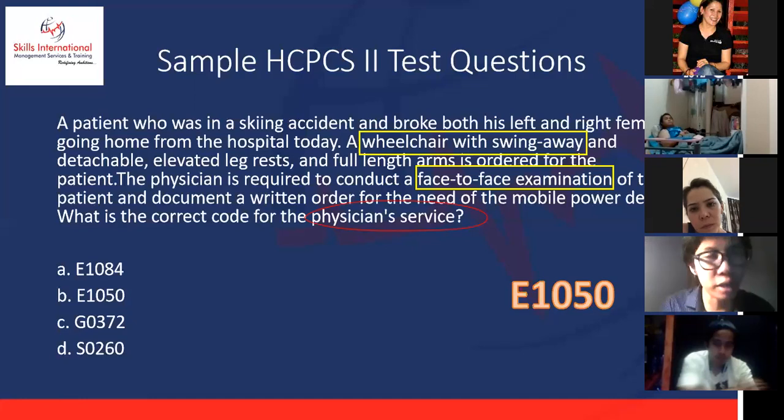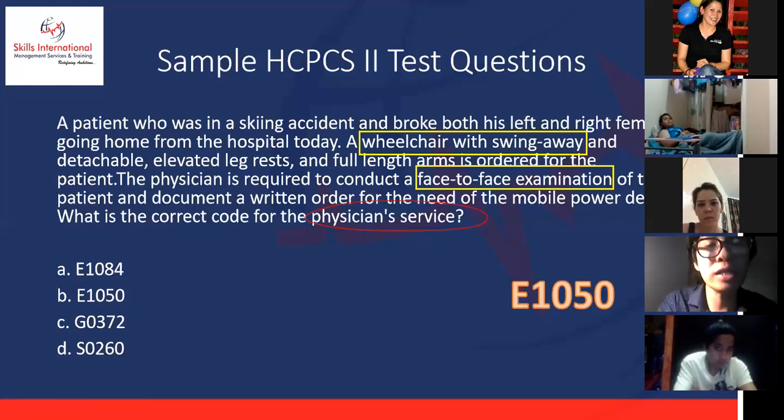That is the process of the doctor, and that would fall under CPT-4. But since this is an HCPCS code, as I have mentioned, your HCPCS codes are all supplies, equipment, gadgets. So in this narrative, the physician service, yes, you had a consultation, but that's not what the question is asking for.